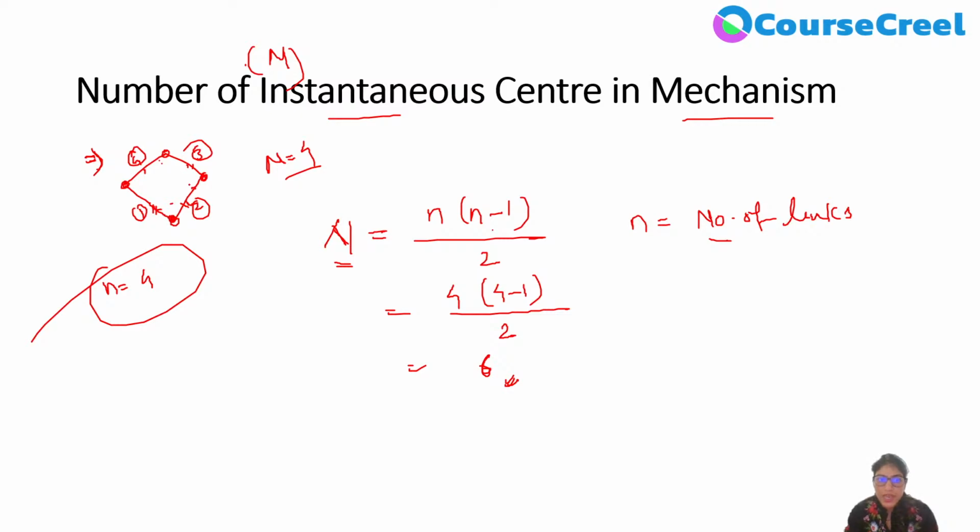Now here if we see according to visibility, the number of instantaneous center we are forming here only on the basis of combination, but the actual instantaneous centers are 6. Okay, there are 6 and they have 3 types: fixed instantaneous center, permanent instantaneous center and neither fixed nor permanent. Okay, so I hope this concept of number of instantaneous center is understood. Okay, so if we want to define the velocity at a particular point of a link in a mechanism, if we are using instantaneous center method, our first step should be to find out the number of instantaneous center, right?